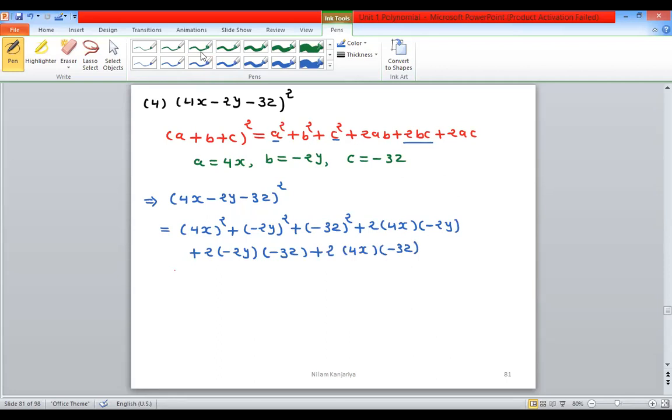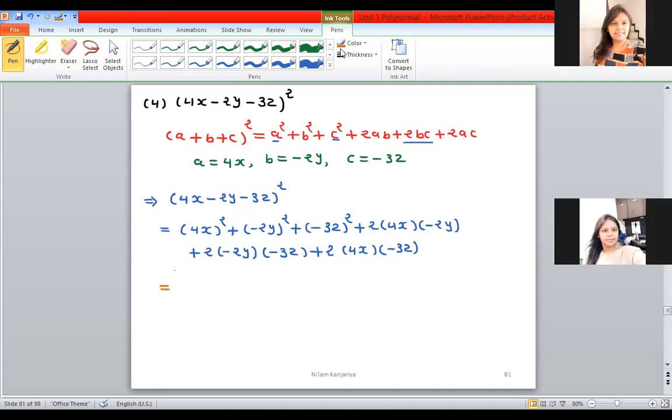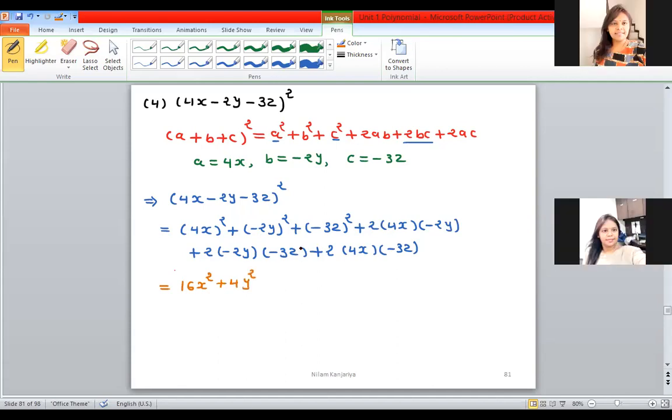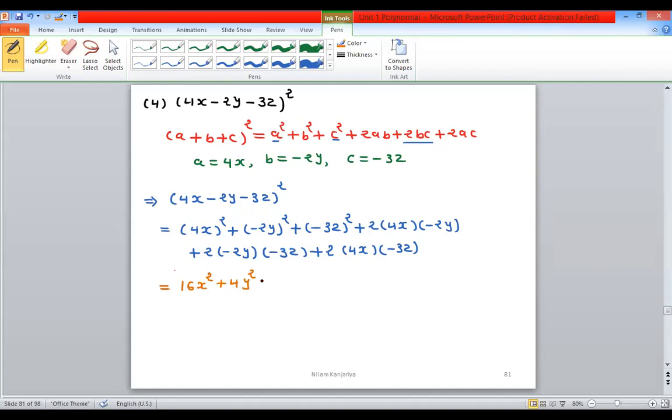Now simplify it. A minus square is always positive. The 4x square is 16x square. Minus 2y square is 4y square. Minus 3z square, again positive, is 9z square.